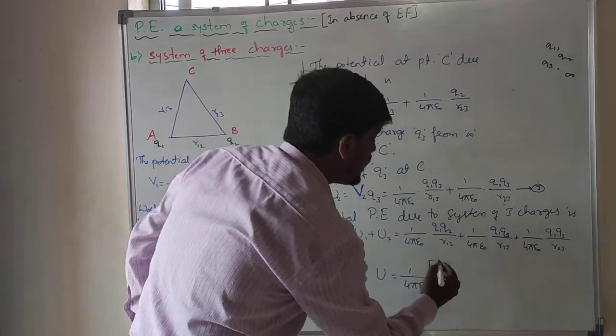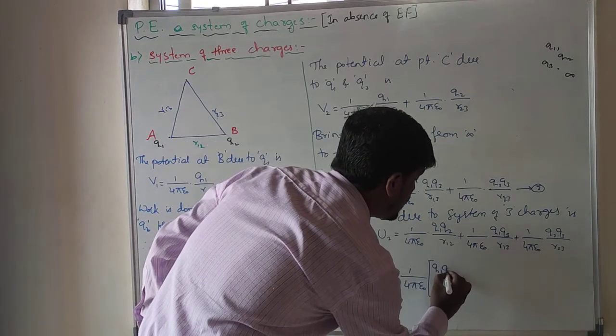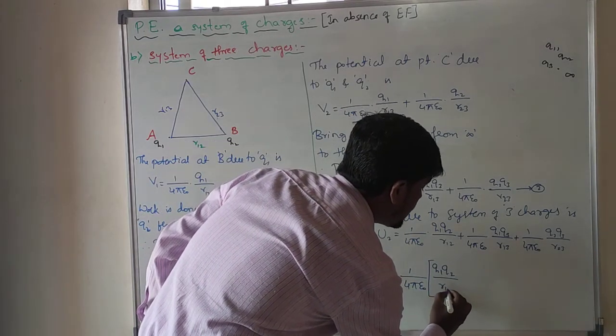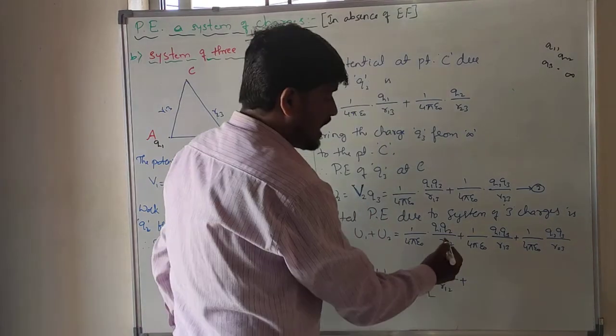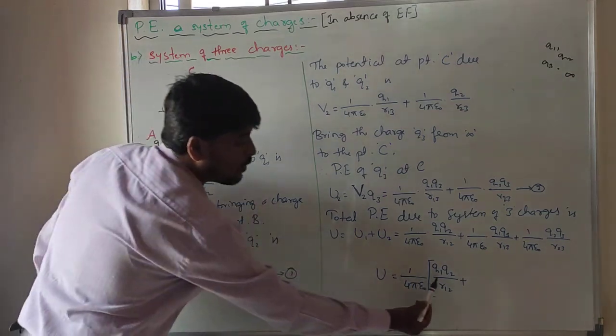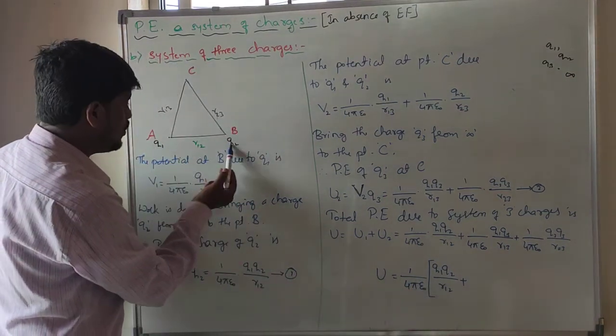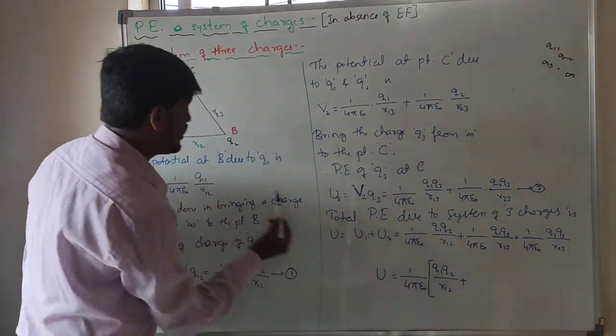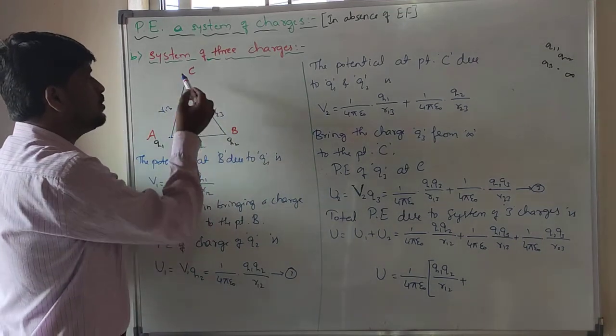Look at this, Q1 Q2 divided by R12 plus, after writing 1 2, afterwards I will go 2 3.